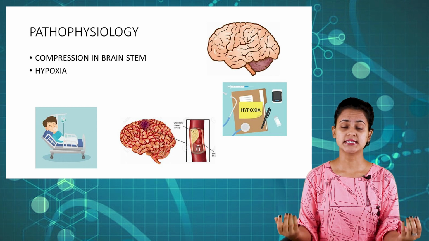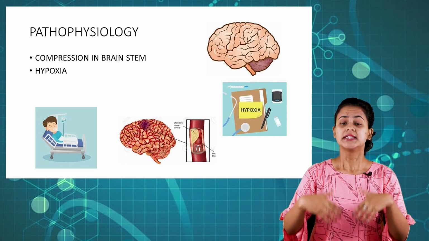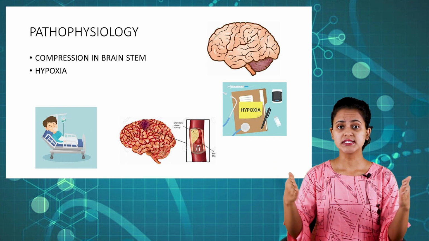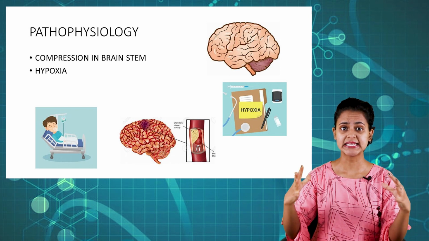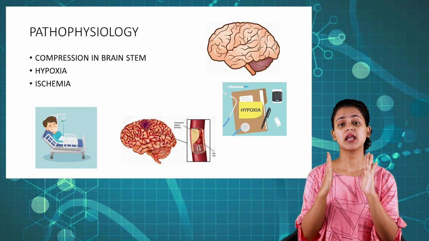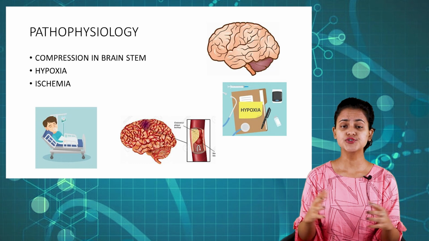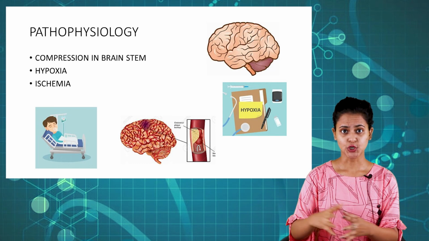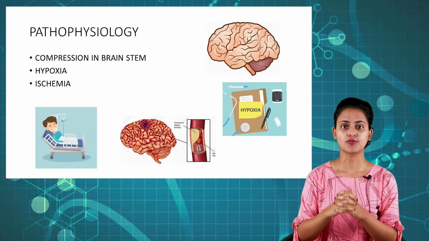There is a lack of blood supply. That is the reason the brain is in a hypoxic state, where ischemia can occur further, which will ultimately lead to dysfunction of parts of the brain.